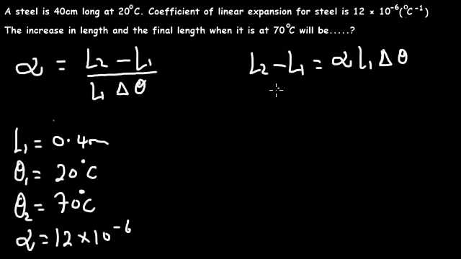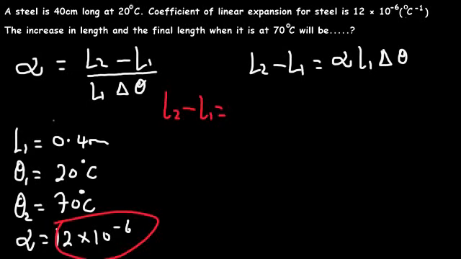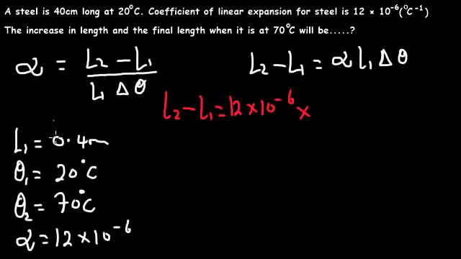Now we can begin our substitution. So therefore, L2 minus L1 will be equals to alpha, which is 12 times 10 to the power of -6. Then multiplied by L1, which is 0.4.